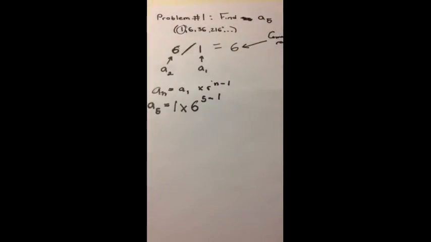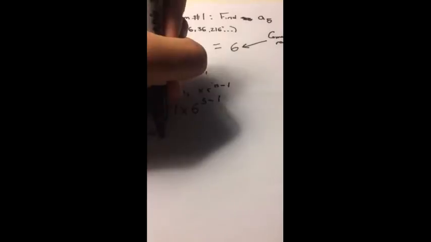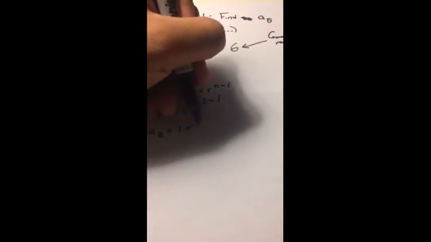Alright, so what we want to do next is subtract 5 minus 1. So it's 5 minus 1 is 4, so 1 times 6 to the 4th power.